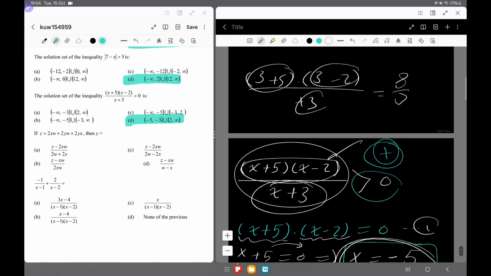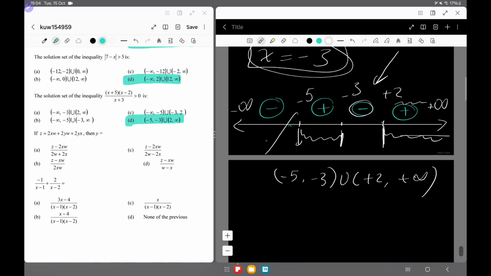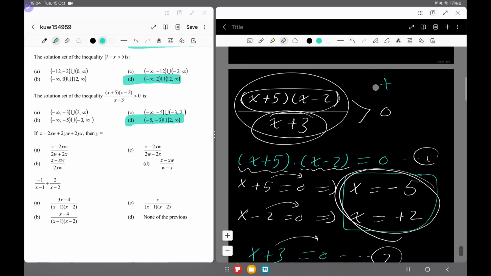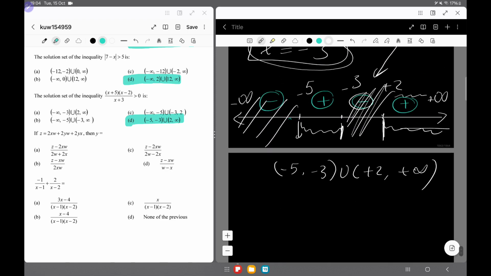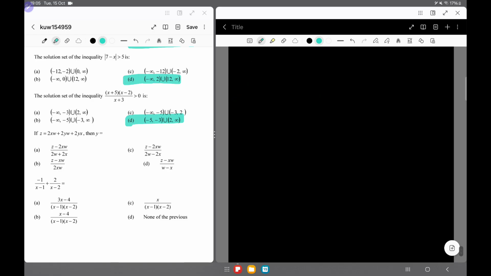So I need positive solutions, more than 0. So this is not accepted because it is negative; I need this and this. If the inequality was less than 0, this one would be rejected and this and this would be accepted.